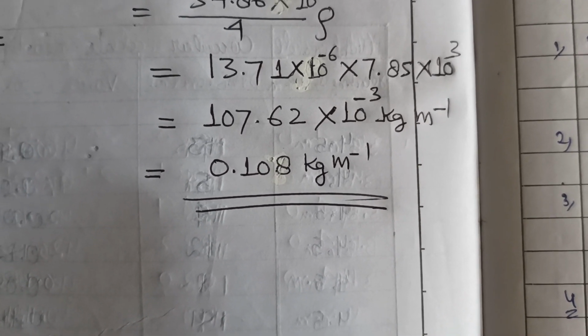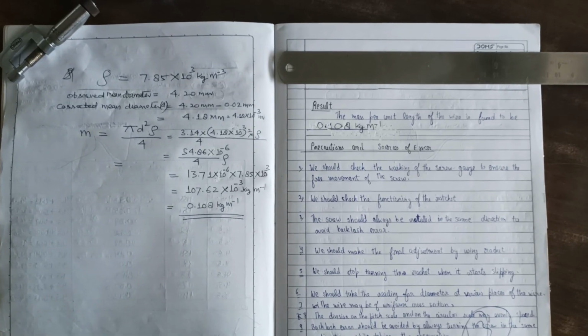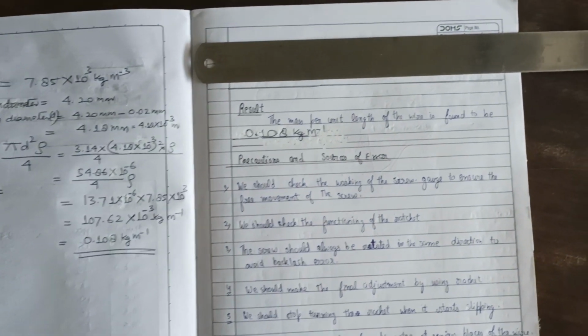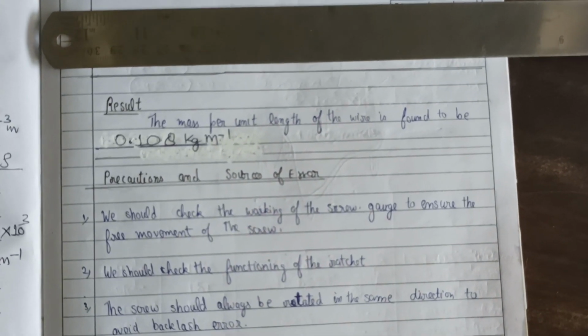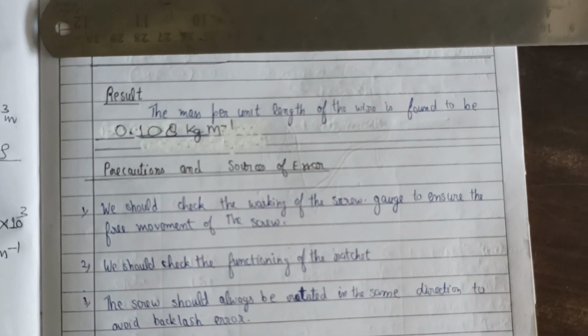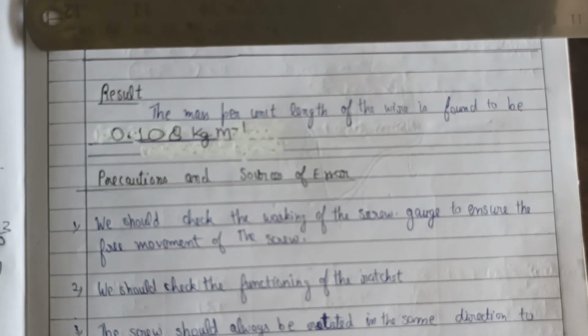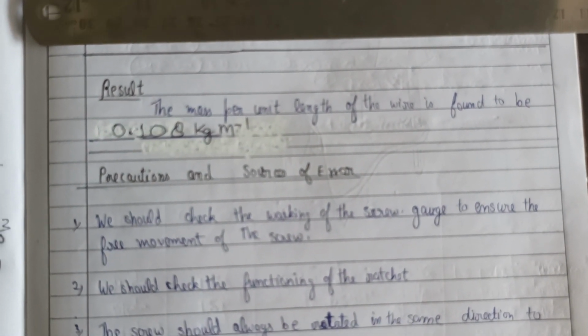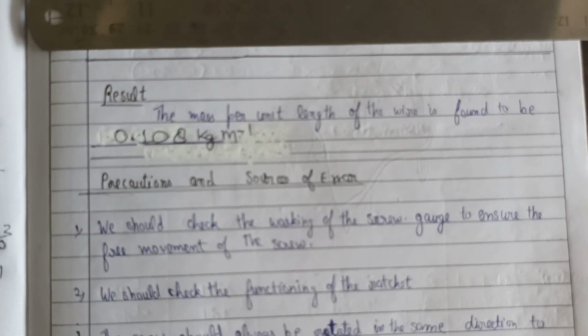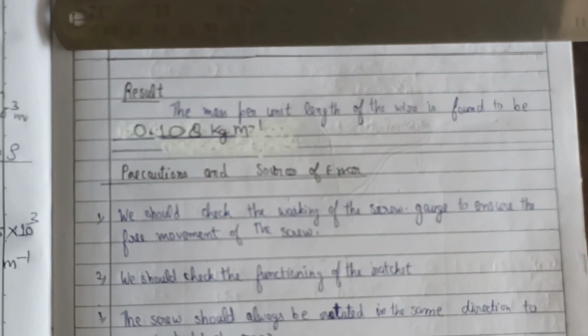This is our final result. Students, now you can see that we have found the result. So this result will be shown finally in your lab notebook, as the linear density of the rod, per meter.